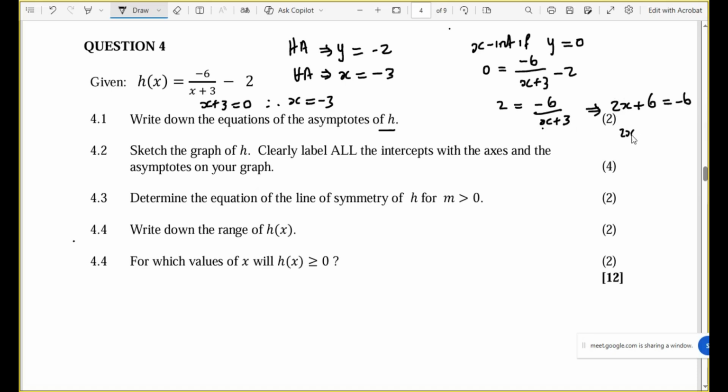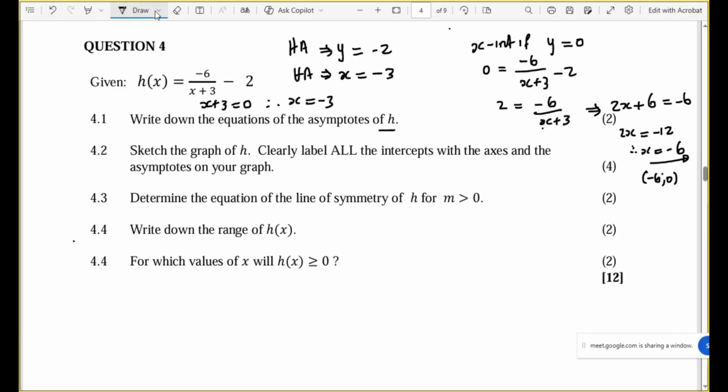Therefore, 2x is equal to minus 12. Therefore, x is minus 6. So the x-intercept is... Nope. You see now, I'm running because I'm trying to finish the question paper and that won't work. Minus 6 and 0. That's the x-intercept.